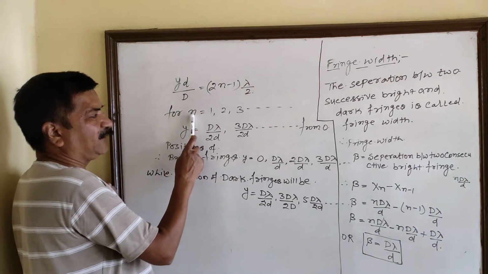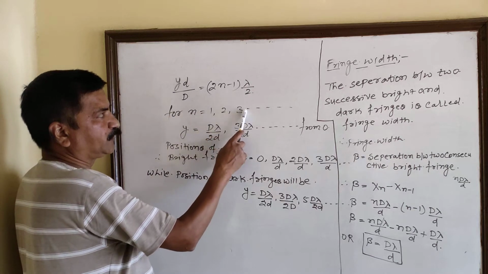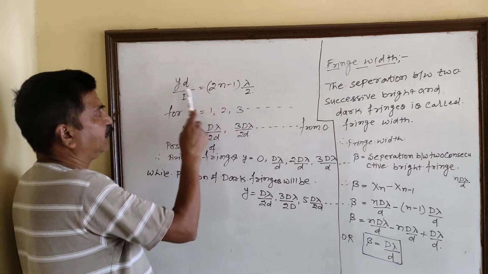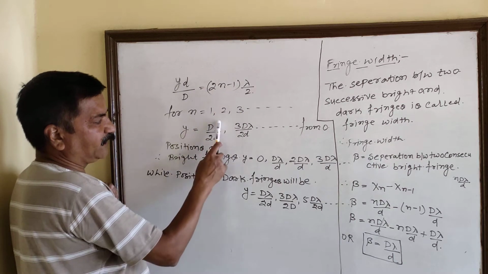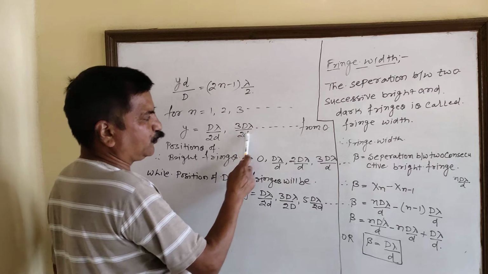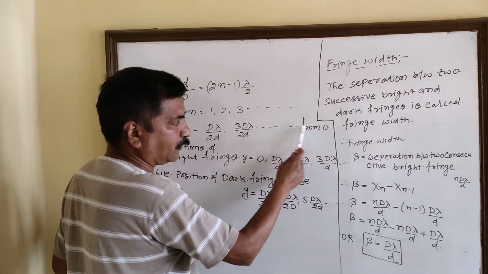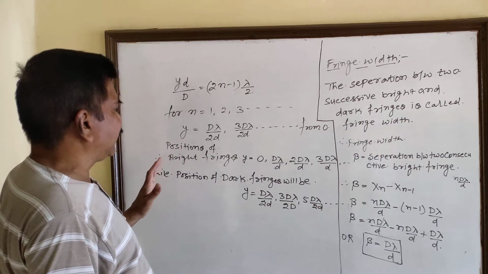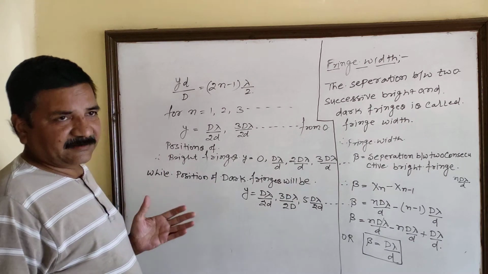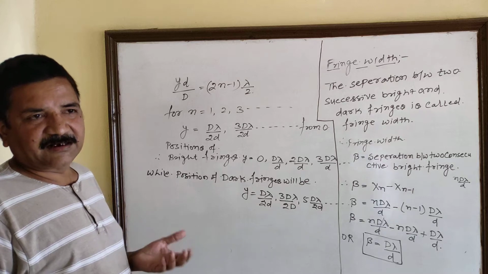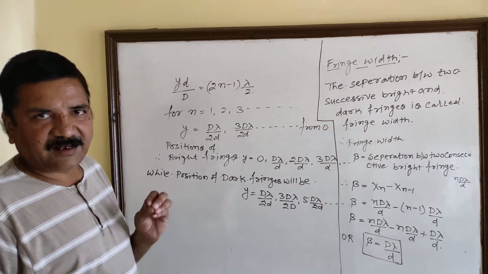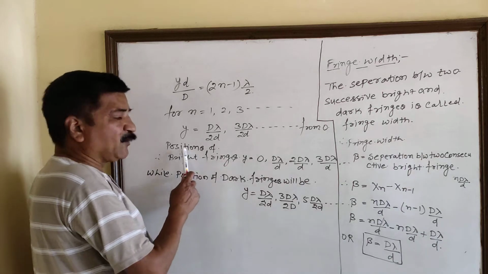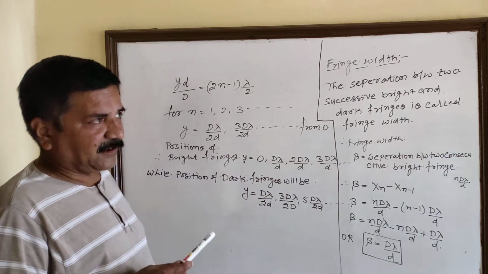So on substituting n is equal to 1, 2, 3, the value of y we will get is D lambda by 2d, 3D lambda by 2d, 5D lambda by 2d and so on from the origin. So now both things are clear: where we will get the bright fringe and where we will get the dark fringe. Origin is already a bright spot, and from the origin you can see the positions of bright and dark fringes.